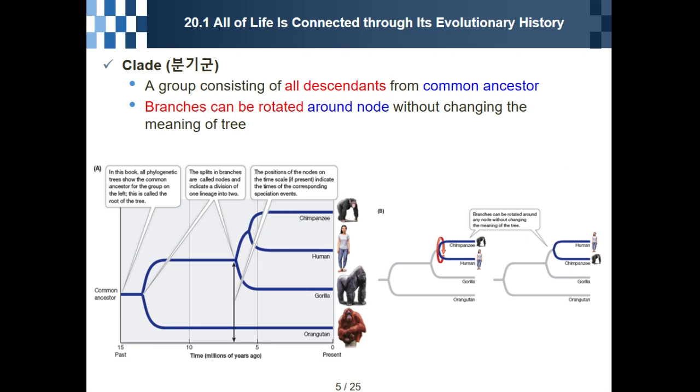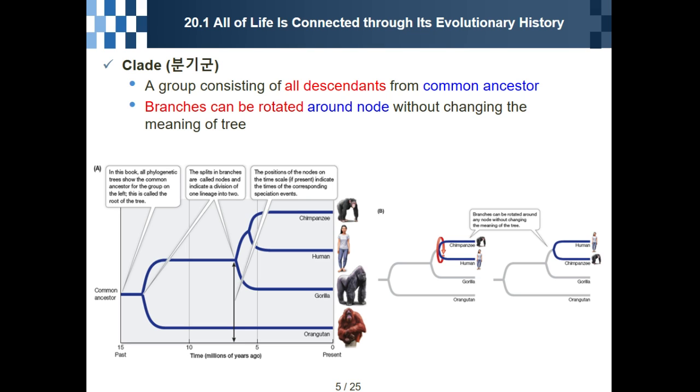Now, in this slide, we will learn another important terminology, the clade. Clade, in Korean, we call it bungigun. Clade means a group consisting of all descendants from a common ancestor.